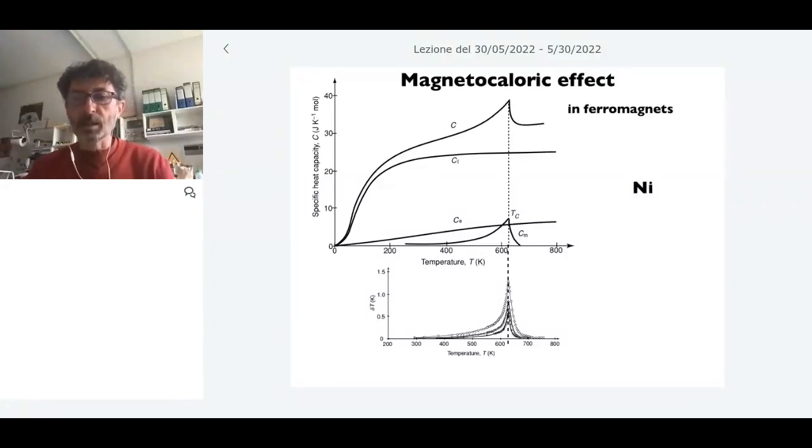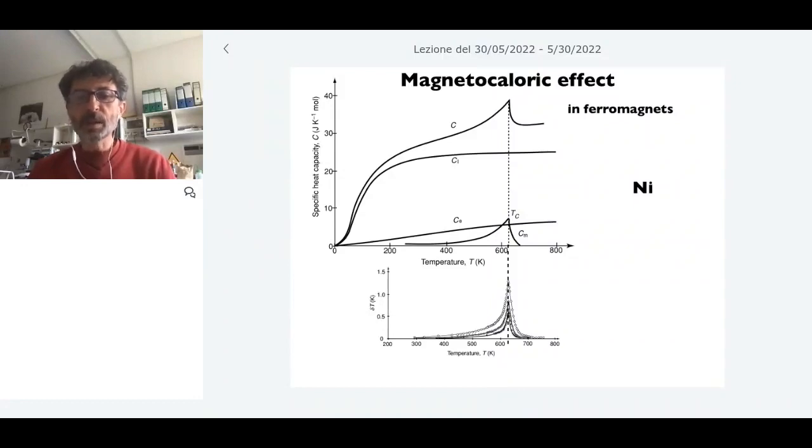If you take nickel, which has a transition temperature above 600 K, and you measure the magnetocaloric effect, you really find it. It's there, exactly like the gadolinium salts that we have shown before. The only problem is that if you have 1 Kelvin of delta T at 1 Kelvin temperature, then it really matters.